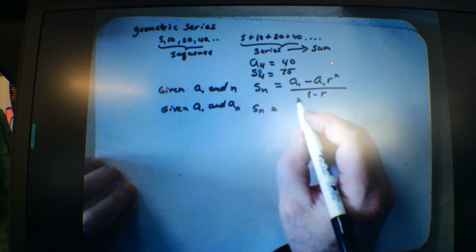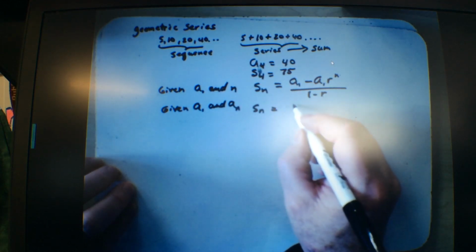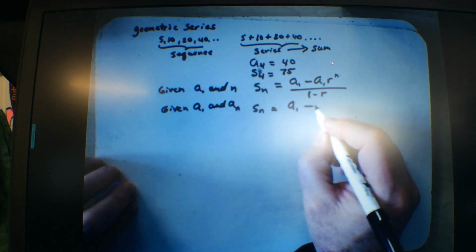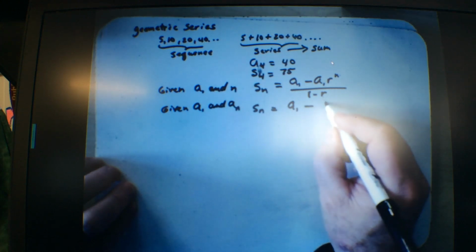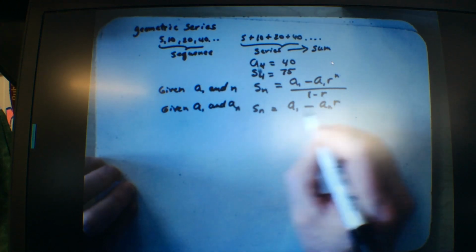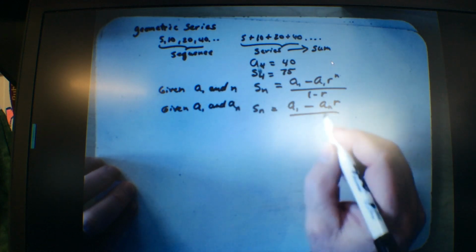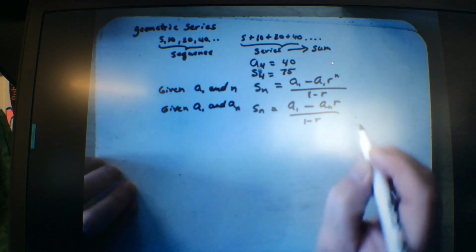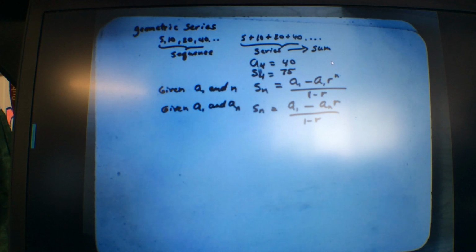S sub n equals a sub 1 minus a sub n r all over 1 minus r. So there are 2 different formulas. Do you understand that?